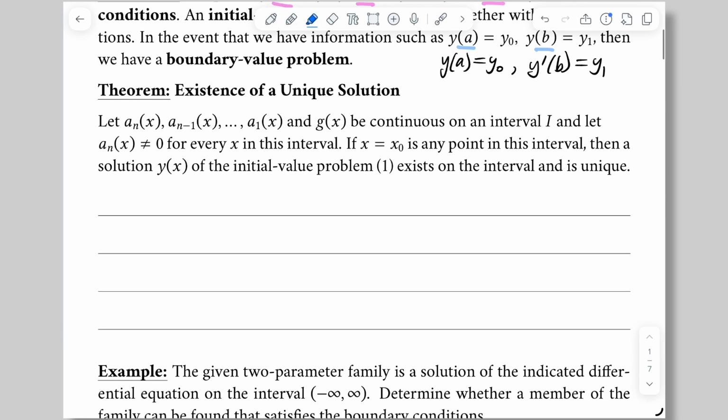There were two criteria in this statement that we have been looking at. It is that the coefficient functions and the function on the right-hand side are continuous, and that the coefficient function on the highest order derivative is non-zero for every x in the interval.